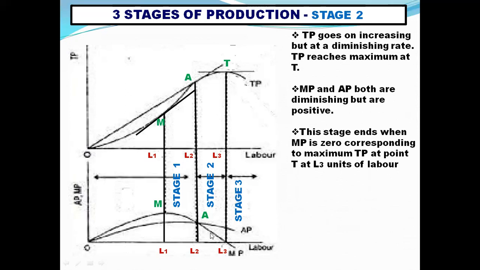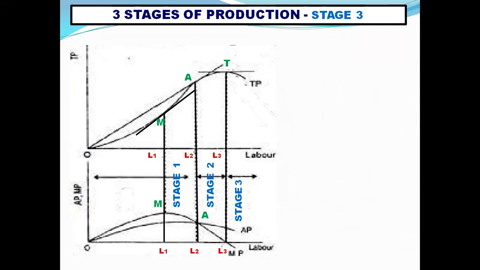They both are decreasing. And this stage ends when MP is 0, corresponding to maximum TP. So when does this stage end? Till L3 units of labor. So at this point, it is maximum TP and MP is 0.